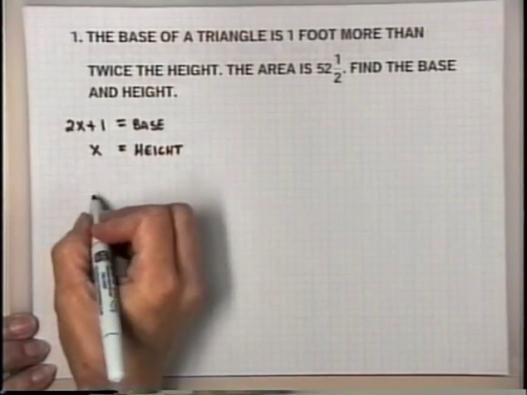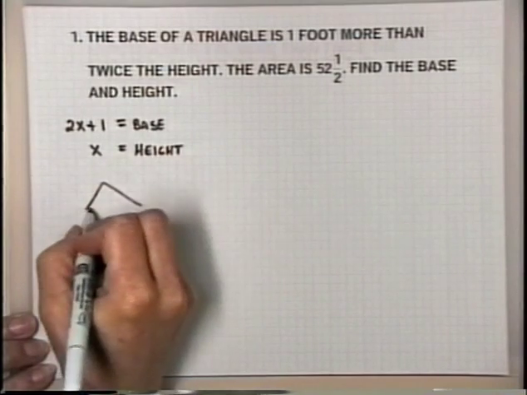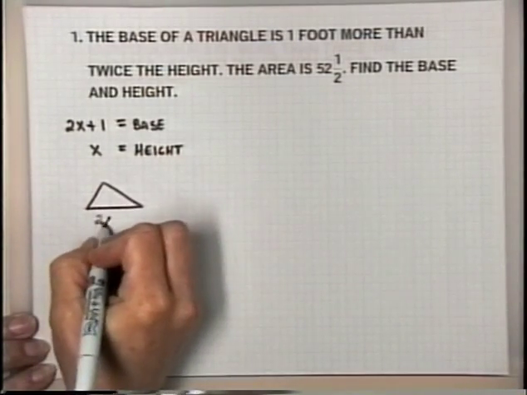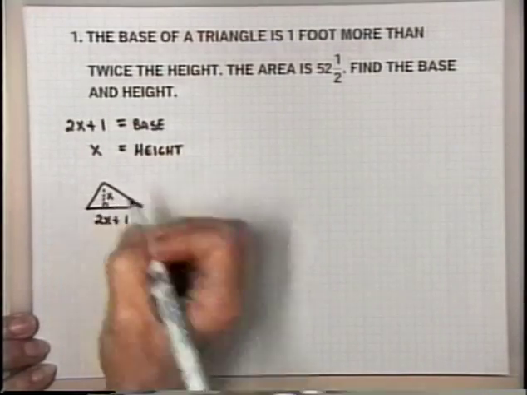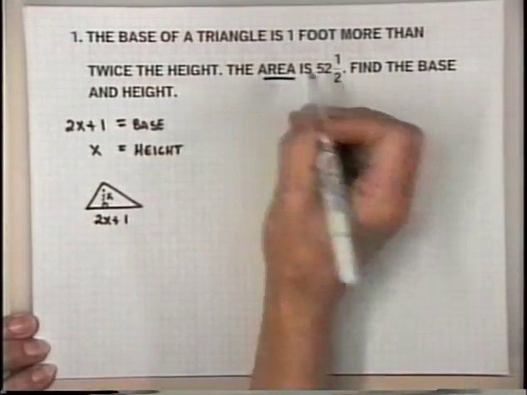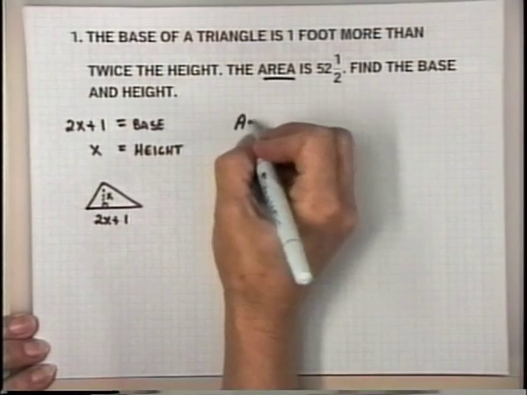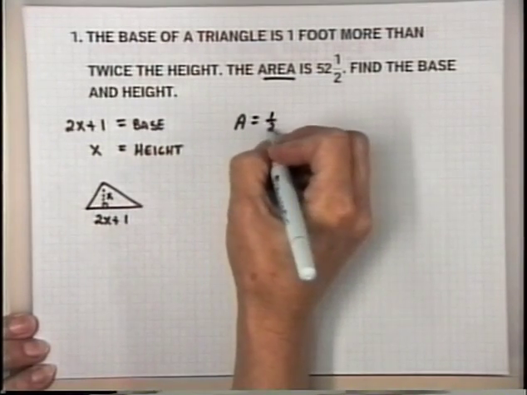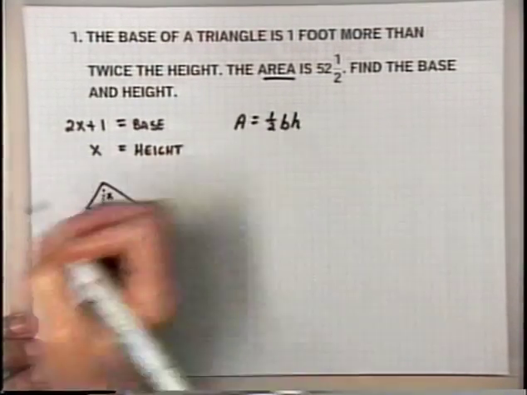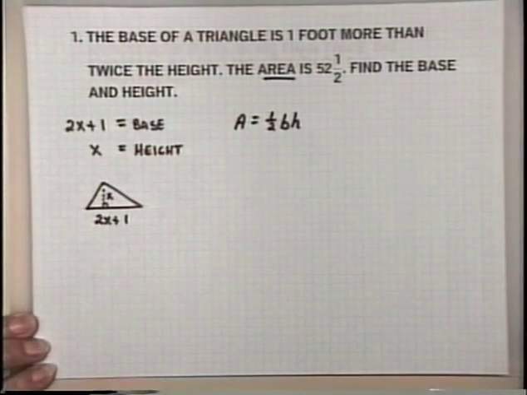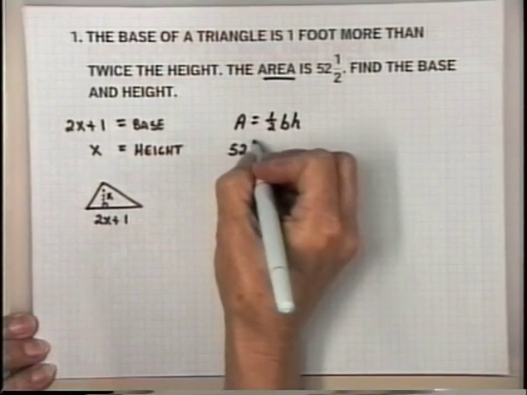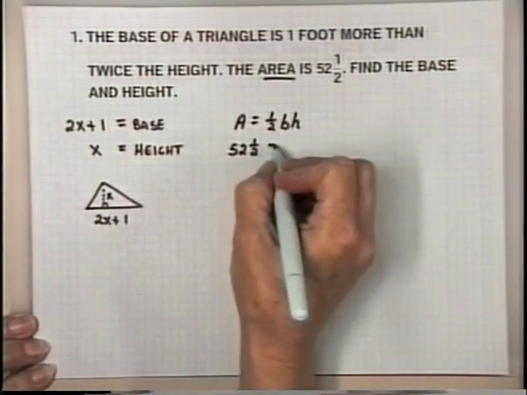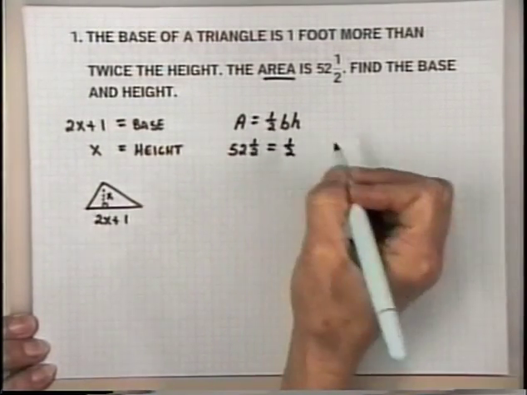We have a triangle, let's sketch a picture, whose base is 2x plus 1 and the height is x. Our problem concerns area. Our formula, area equals 1/2 base times height. Substituting into the formula, the area A is 52.5 equals 1/2.